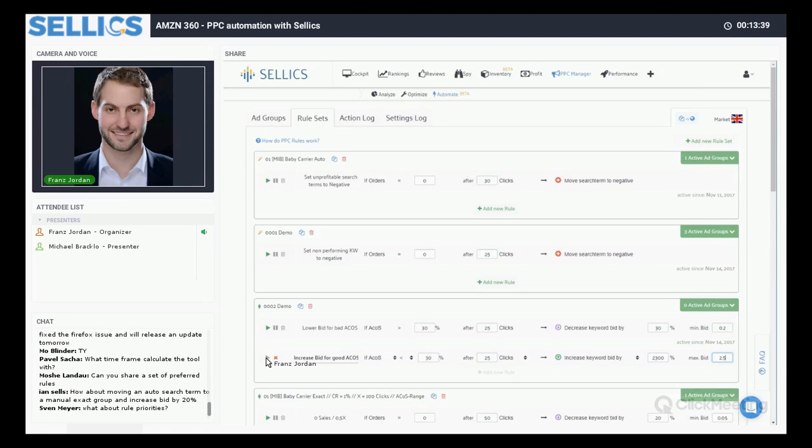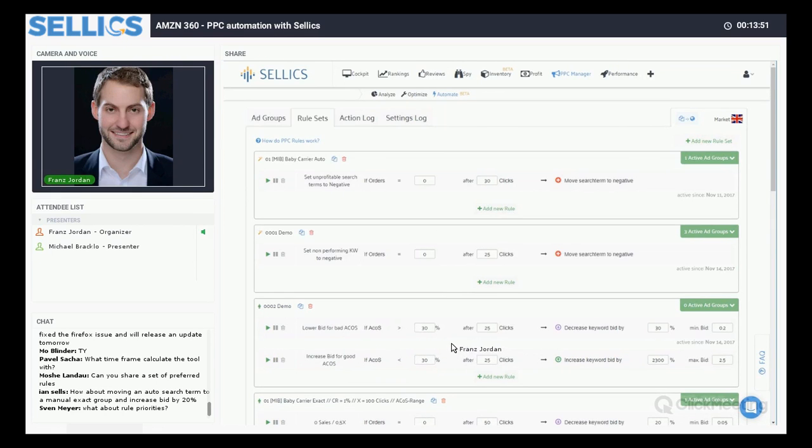So now we have the opposite, and again we just click activate rule, and now this rule set 002 demo consists of 2 rules, and both rules are going to be applied. So if a keyword has an ACOS of more than 30%, we will lower the bid. If we have an ACOS below 30%, we will increase the bid.